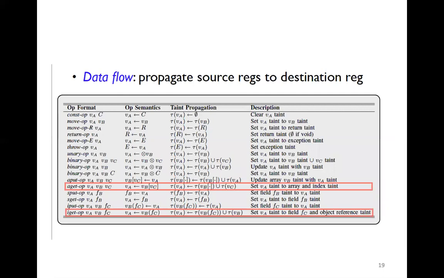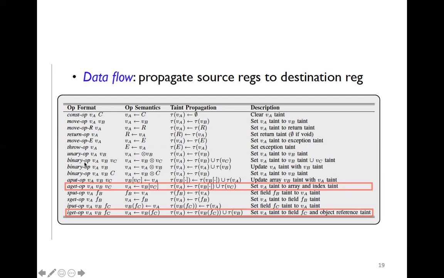So the data flow rules are rather interesting, and I would encourage you to go and read these data flow rules in a great amount of detail. What you see over here on the left hand side is a simplified version of the Dalvik virtual machine language, and this is the meaning of the corresponding operation.